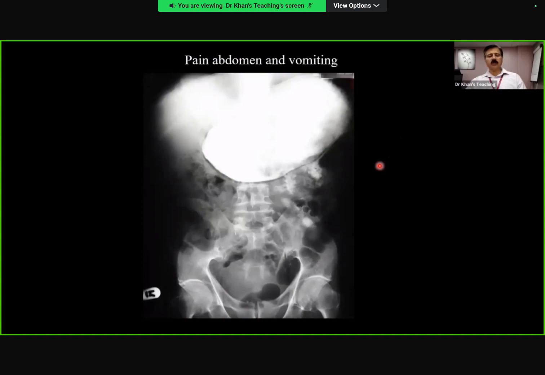That is the stomach, you were right. The point is that where is this air? So the air must be peritoneal. Can it be within the wall? It could be. So that could be a pneumatosis of the stomach. Yes.